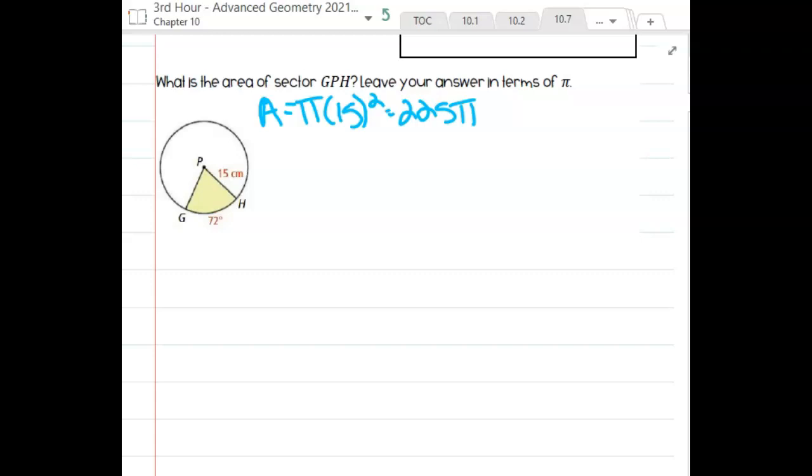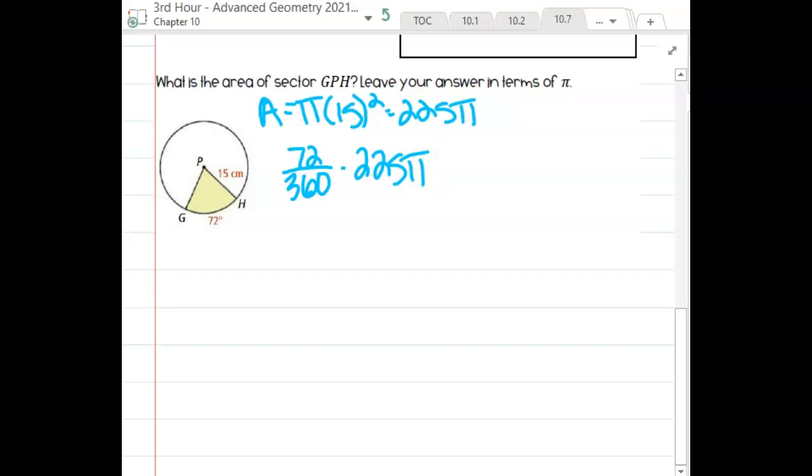So we have to decide first, how much is that chunk? It's 72 degrees out of, just like yesterday, 360. The entire circle is 360 degrees. Just like yesterday, we're going to multiply that by the entire area.